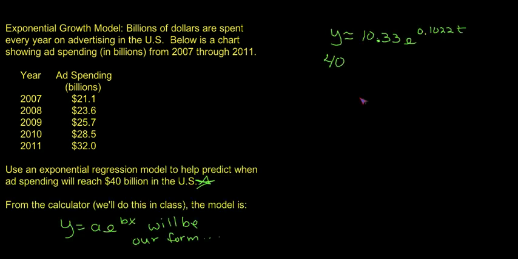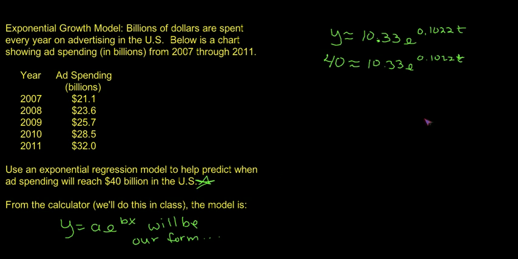Then we're just going to set up our equation here. So we get 40 equals 10.33 e raised to the 0.1022t. And again, since we're looking for when, that's our time, we've got everything set up here in nice shape because t is our only variable that we have left.